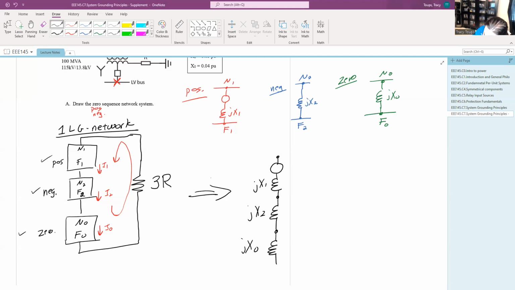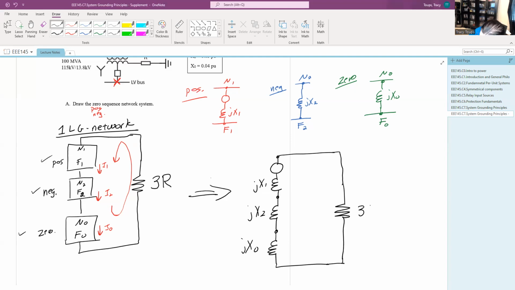Now, because we're only going through the transformer, that's the only impedance that's hindering the fault current. We just have to put the transformer impedances, X1, X2, and X0. If the system was more complicated, this network would be a little more complicated. Now, don't forget, we have that resistor we want to put in, so we have to keep that here.